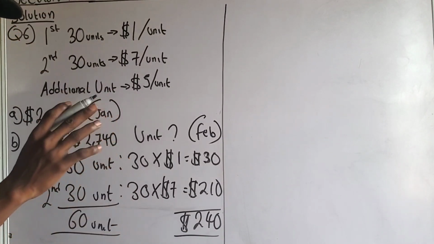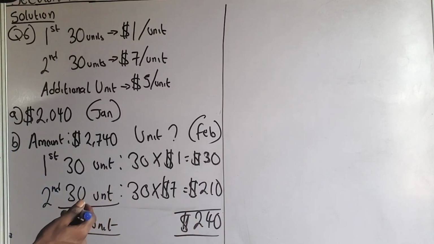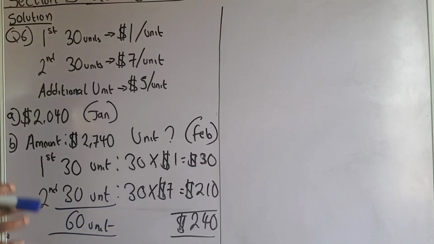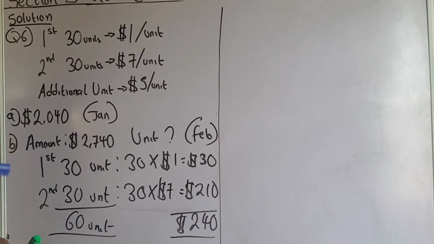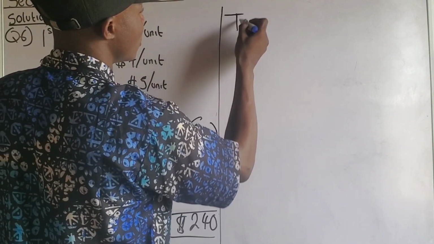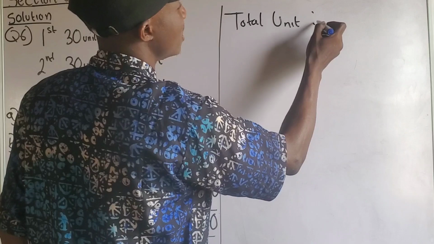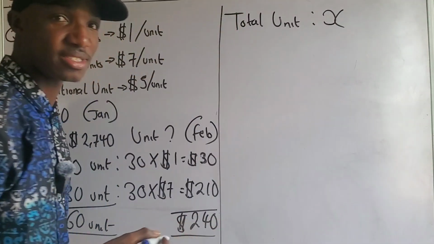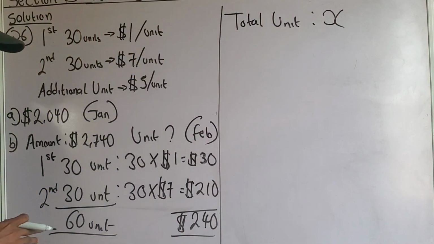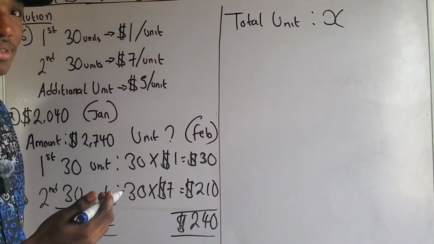Now, please pay attention. If the cost of 60 units is $240, let the total units that Amaka consumed in the month of February be X. You understand? Now, we've already gotten the cost of 60 units. How many units will remain?